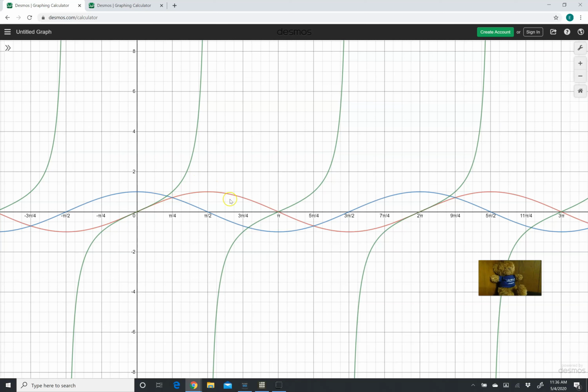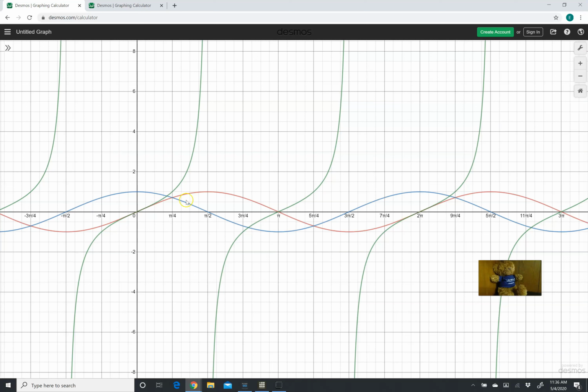So remember, the red graph is sine. We're going to go to wherever sine is 0. Sine is 0 here. The green graph is 0. Sine is 0 over here. Notice the tangent is 0. Sine of 2 pi is 0, so the tangent of 2 pi is 0.